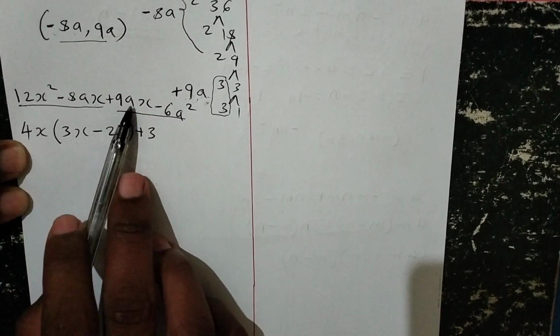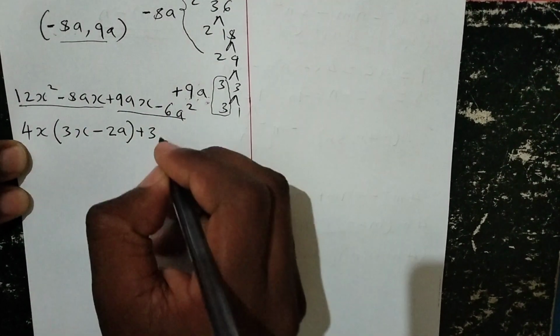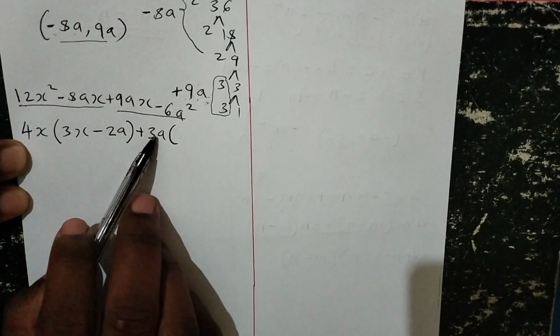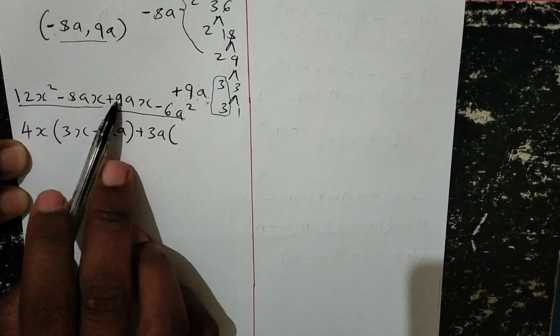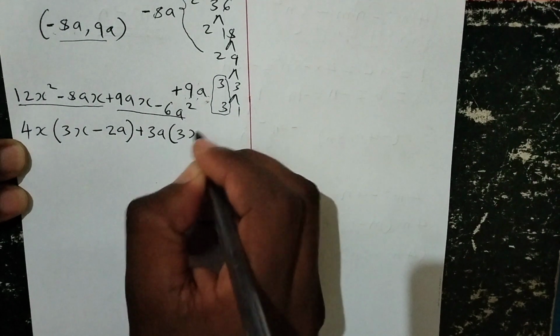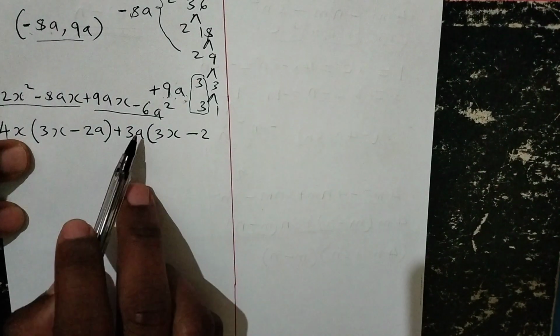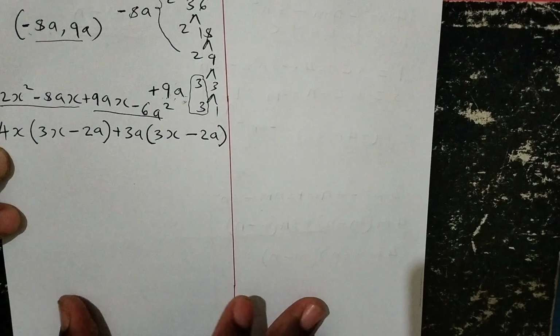Then the common term here again is A, because this one has A squared and this one has A. So I'll pick negative 3A into, so 9AX divided by 3A. The 3 will go into 9 3 times, A and A will cancel out. Then I remain with X. Then minus 3 into negative 6, it goes there negative 2. Then A into A squared, it just goes there A times.